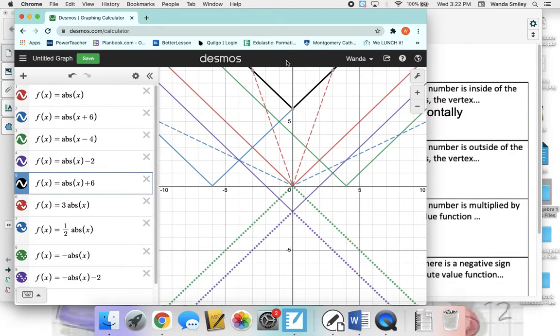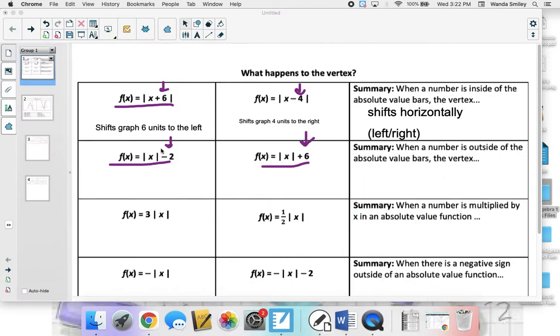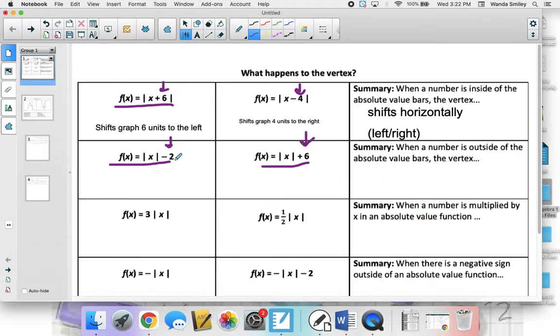Okay, so it moved it vertically. All right, so the -2 here made it go down, and the +6 right here made it go up.